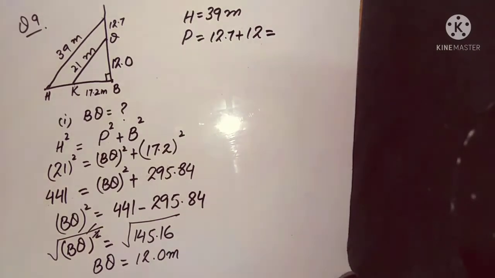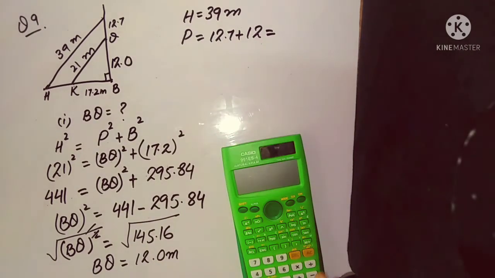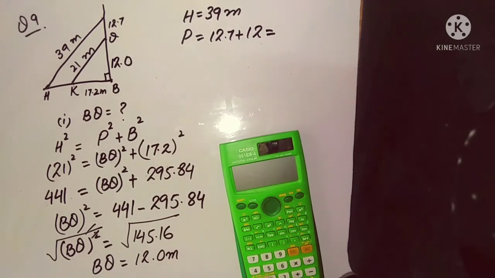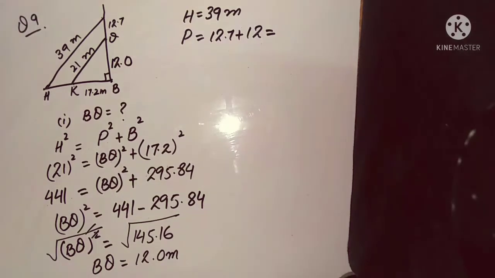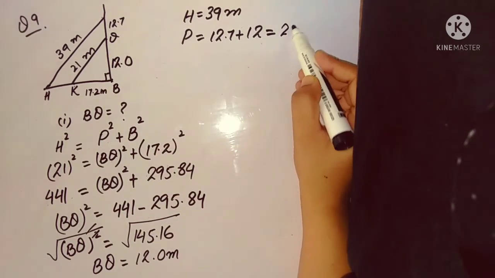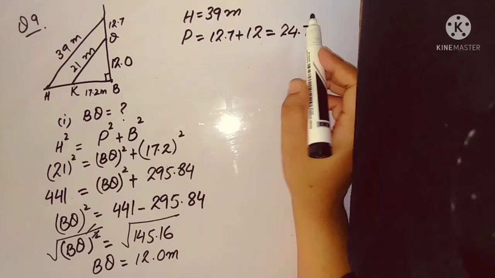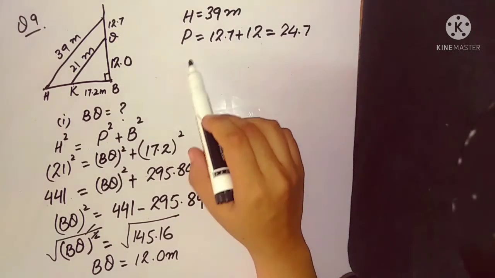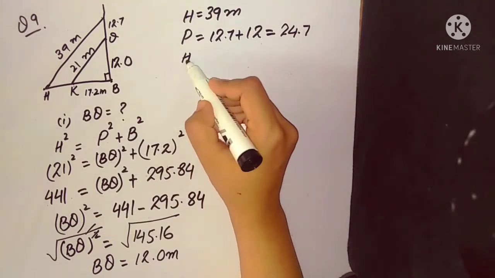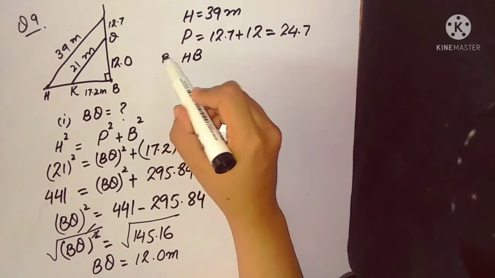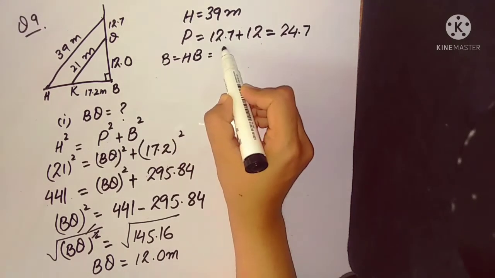When you add 12.7 and 12, you get 24.7. So your perpendicular is 24.7. Now we have found the perpendicular. Now we can find the base, which is HB, which you need to find out.